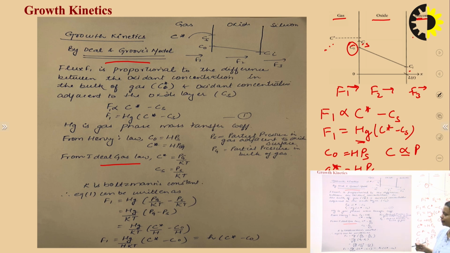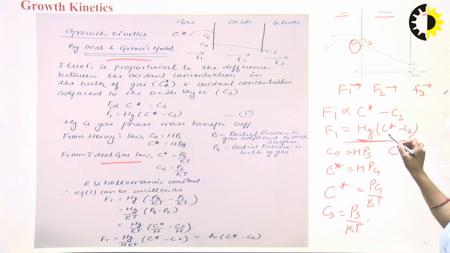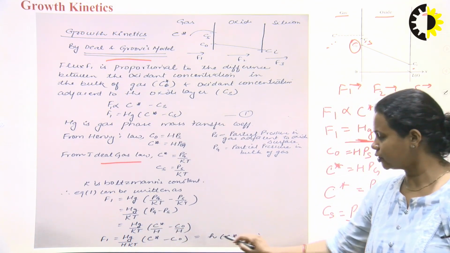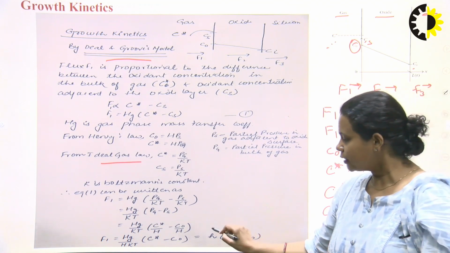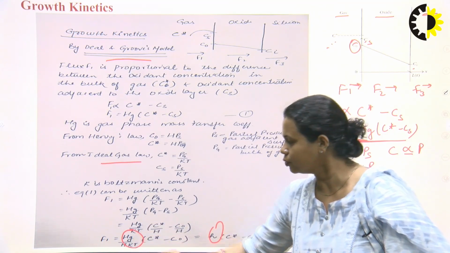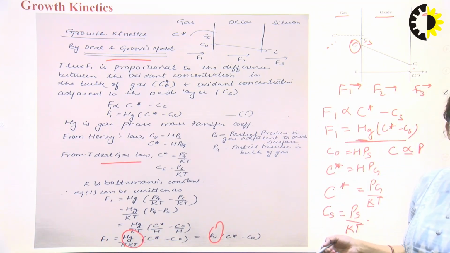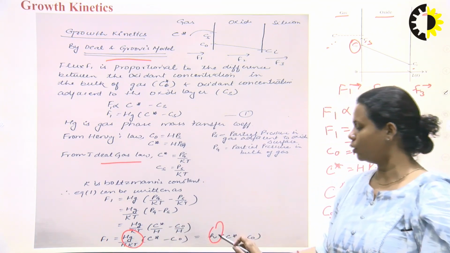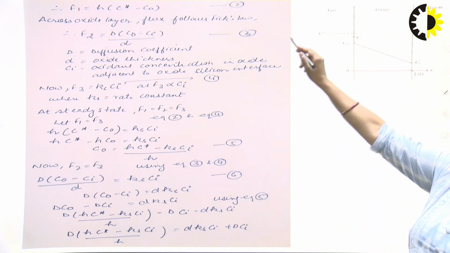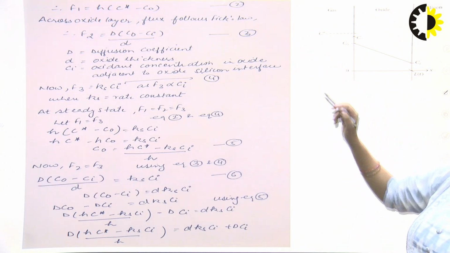Afterwards we have to substitute into equation 1. So we put the value of C star and the value of CS, and finally we get F1 is equal to h (C star minus CS). Here Hg, H, kT are all constant values, so I have replaced the whole thing by a single constant h.